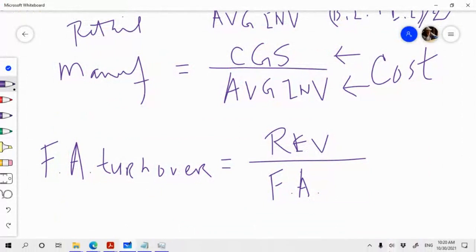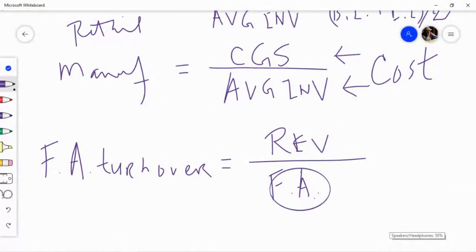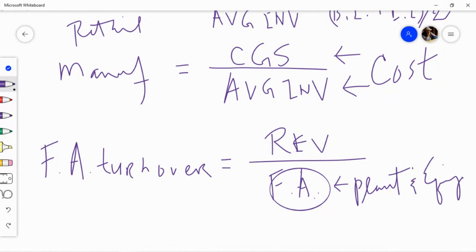you can easily understand that because fixed assets are what? Fixed assets are plant and equipment. Now, if you are a retailer, you wouldn't have fixed assets. I mean, retailers would also have a very small amount of fixed assets. For the retailers, fixed assets would be what?